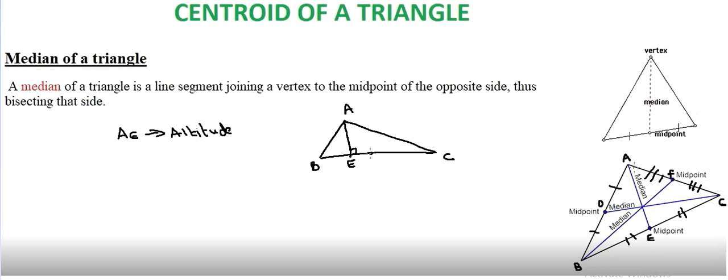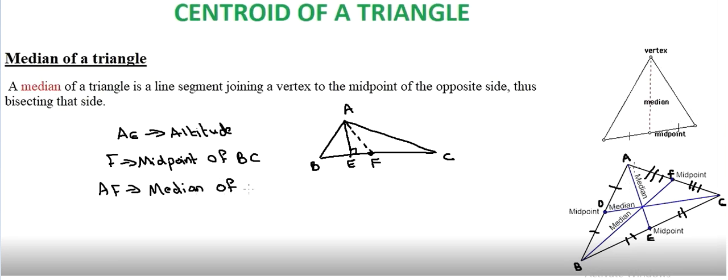If I consider the midpoint here, let it be F. So F is the midpoint of BC and if I draw a line from A to F, then this AF is the median of triangle ABC.